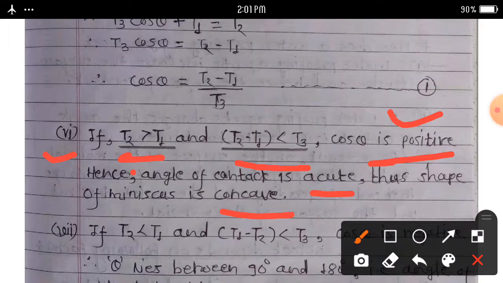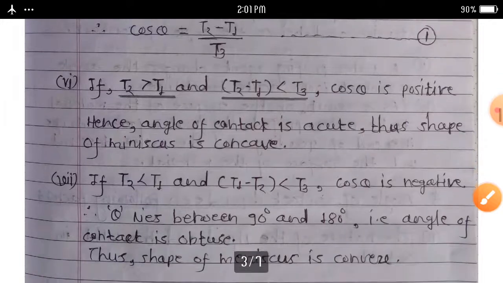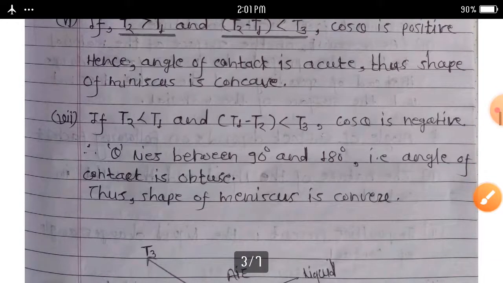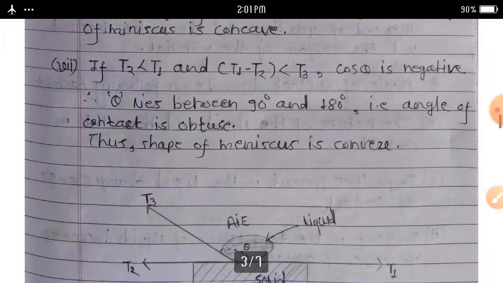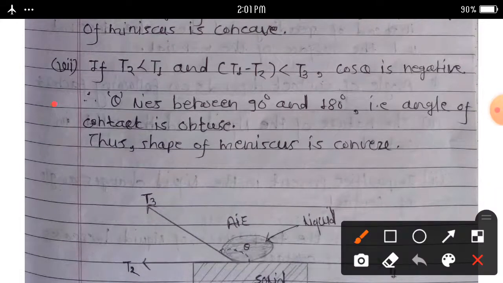Then the second case. If T2 is less than T1 and T1 minus T2 is less than T3, at that time cos theta is negative.